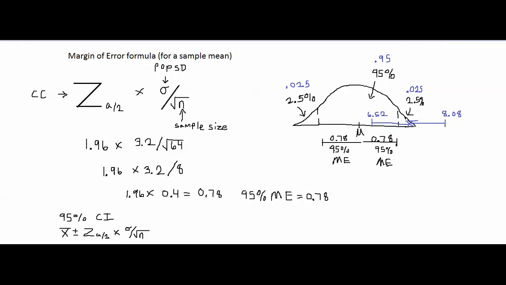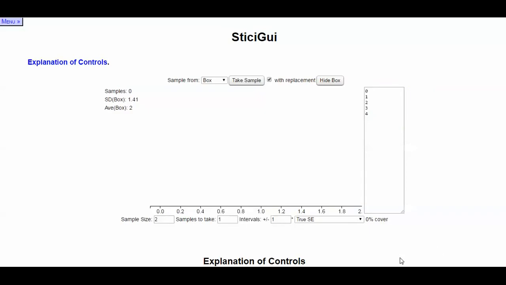So now let's get to the website. So here's the website that I wanted you to use. These are supposed to be the values from all the people in the population. This is just supposed to be a made-up population. I guess 5 people, and these are all of their values.